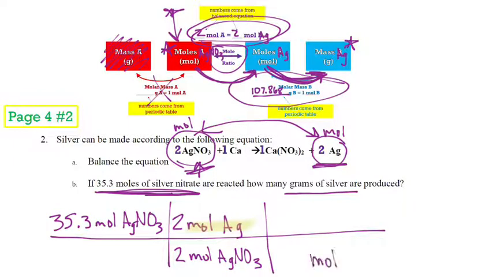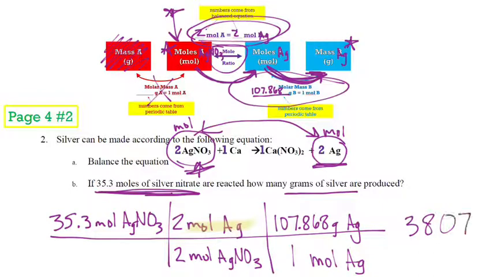So I know I need those moles, specifically 1 mole of Ag on the bottom, and those grams of Ag can go on top. I know the answer I posted was rounded a little bit, but if you're getting this answer out, that is the correct answer. You're just supposed to round that to 3 significant figures, so this would round up to 3810.